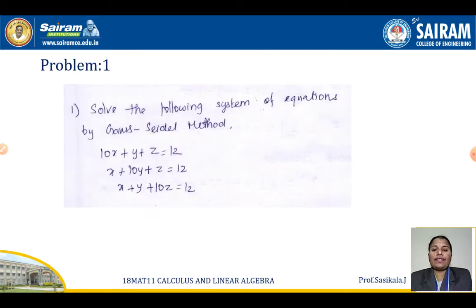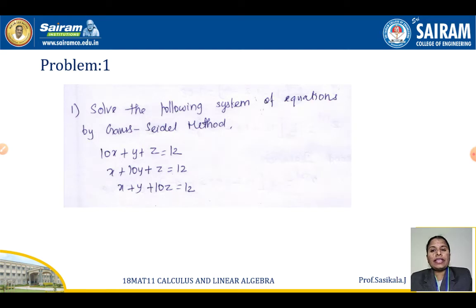It is basically an iterative method. We take the initial values of x, y, z as 0, and in every iteration we find approximate values of x, y, z.